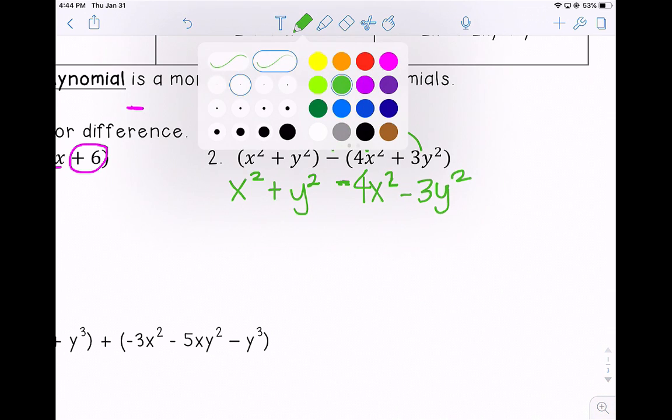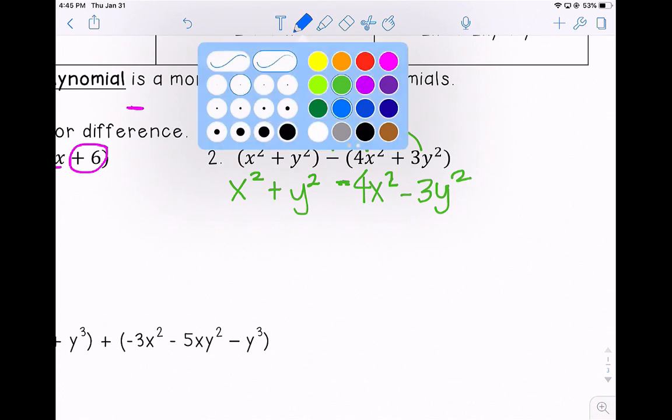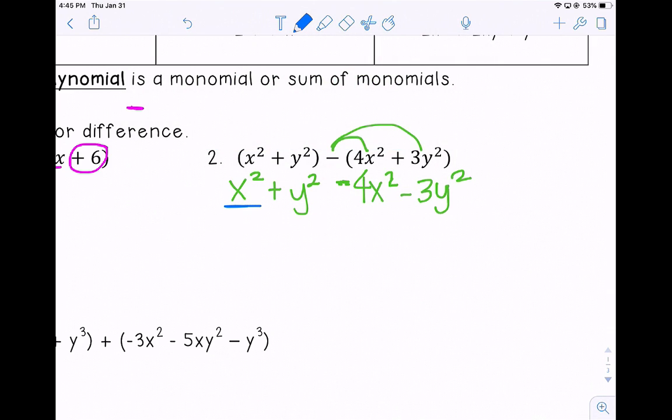Okay, so now at this point we can just combine like terms. So we have x squared and negative 4x squared, so that's a 1, right? If there's not a coefficient, we know that's an understood 1. 1 minus 4 would give us negative 3x squared. When we add and subtract, we keep the variable and exponent, so x squared stays x squared.